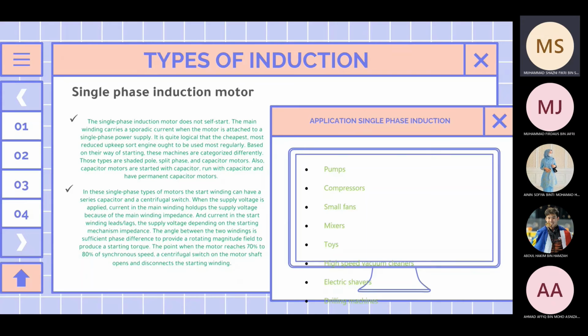The angle between the two currents is a sufficient phase difference to provide a rotating magnetic field to produce a starting torque. When the motor reaches 70% to 80% of synchronous speed, a centrifugal switch on the motor shaft opens and disconnects the starting winding.